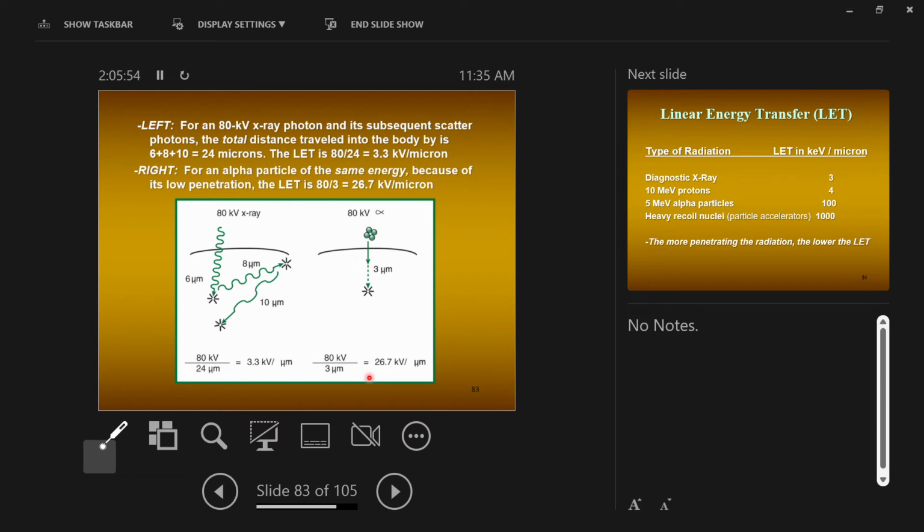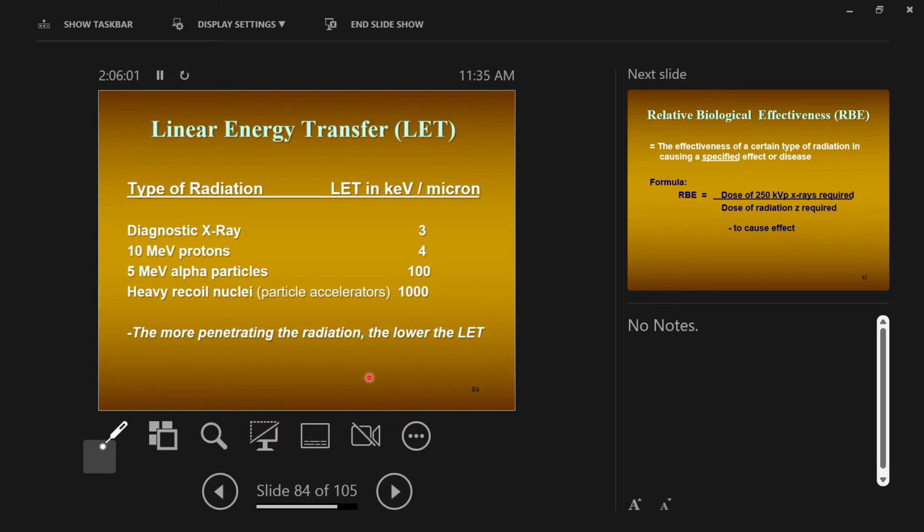So we know what these LETs are. We know the LET, the linear energy transfer for different types of radiation, so let's just give them to you, okay? Diagnostic radiation in units of kV per micrometer, X-rays have a linear energy transfer of 3. We just showed you that, okay? 10 mega electron volt protons, mega is million, so 10 million volt protons have a LET of 4.